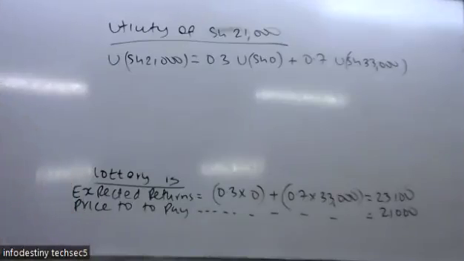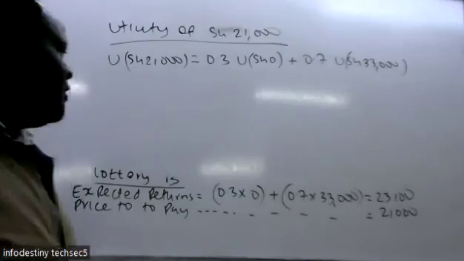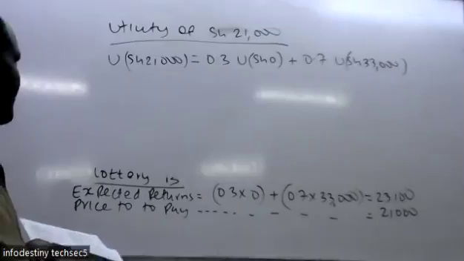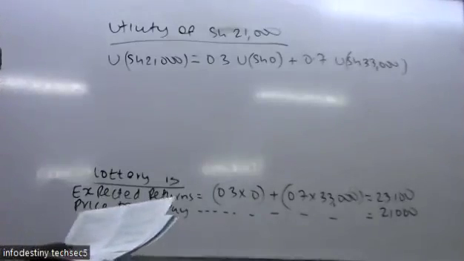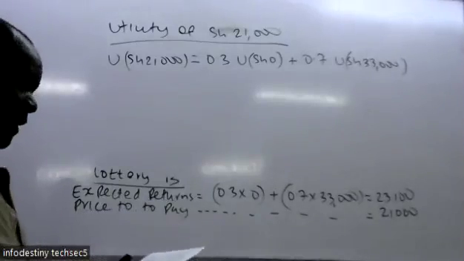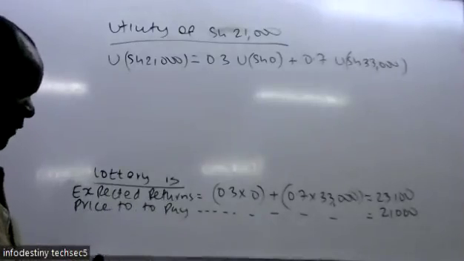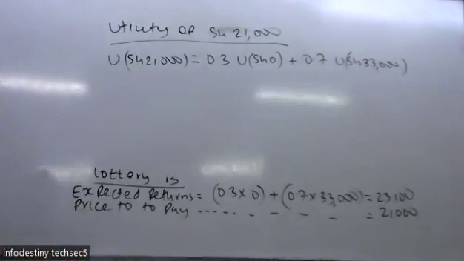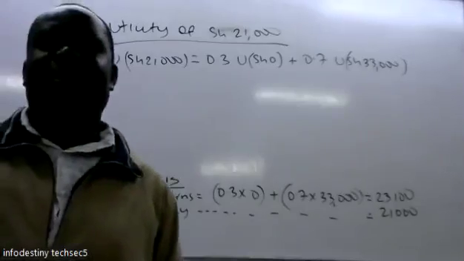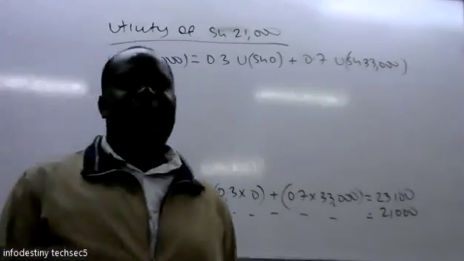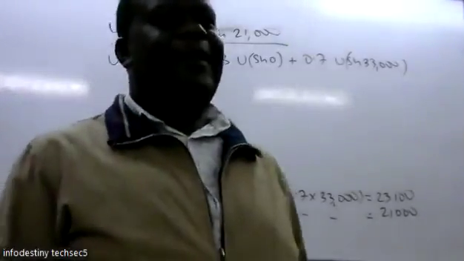For this one, satisfaction will not change. Satisfaction will always remain the same. There is a place he had paid that 3,000. So you remember the first lottery? When he paid that 3,000, he got how many utils in lottery A?